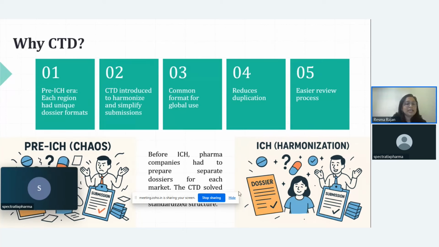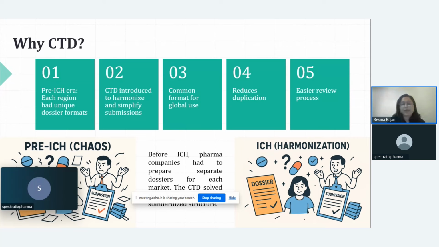In the pre-ICH era, as I said, each country had their own requirements, their own regulations. For example, if I'm preparing a complete product dossier for the US, I cannot submit that to the EU. Again, I'll have to prepare, reformat, and restructure it, and then submit it to the EU.